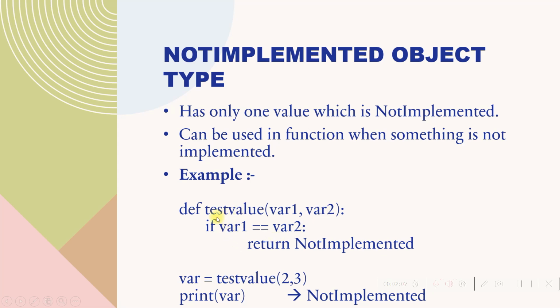Inside this function, one condition has been written that if the values of both the parameters are equal, then return NotImplemented. So what does this word actually mean? This simply means that the logic for this condition is not implemented in the function. So when this condition is matched, it will return the response as NotImplemented.